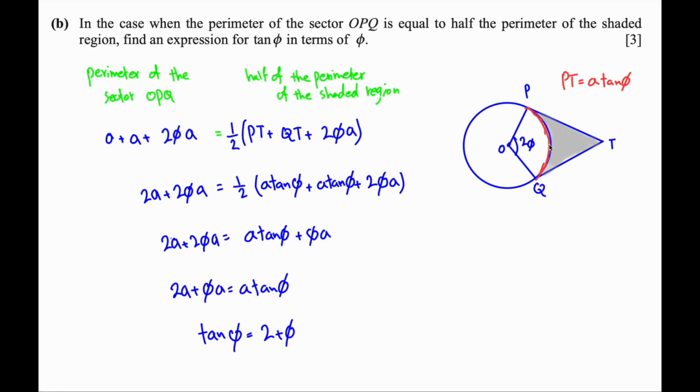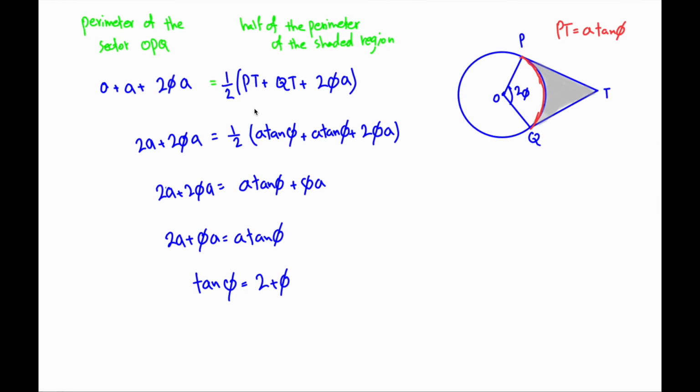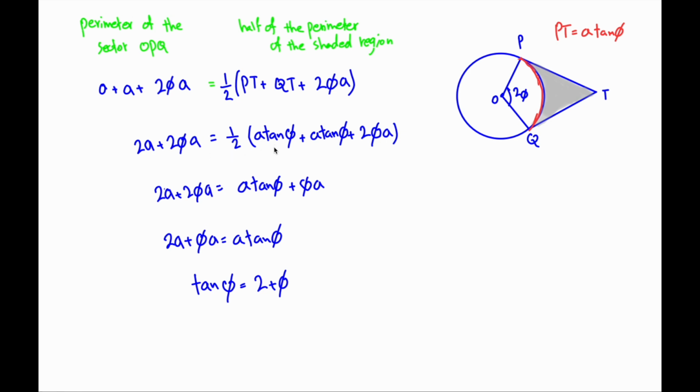So that is basically shared between these two regions, and that is again 2 phi a. However, don't forget to multiply it by half because the question specifically says half of the perimeter of the shaded region. And I have to get rid of all the weird letters and make sure everything is in terms of either a or phi.